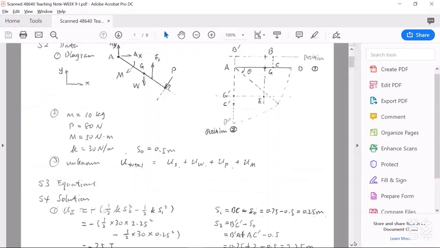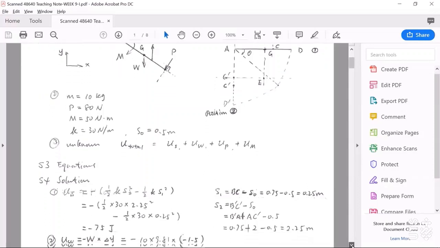And that means the angle between this external force P and the displacement of this acting point of application is always 0.